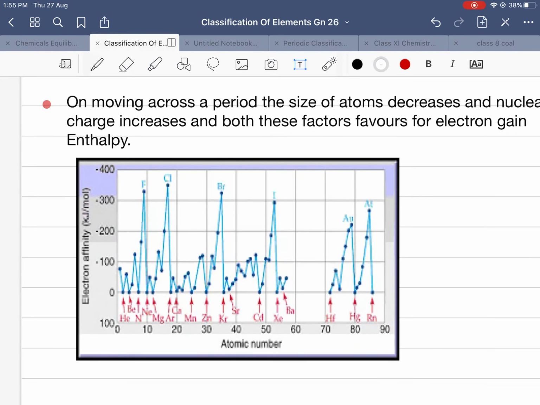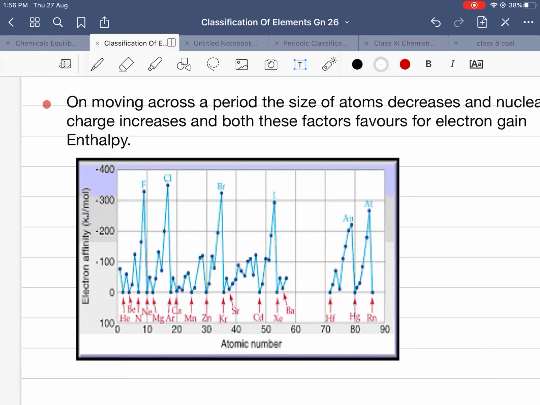On moving across a period, the size of the atom decreases and nuclear charge increases, and both these factors favor electron gain enthalpy. In a period, the electron gain enthalpy increases on moving from left to right.